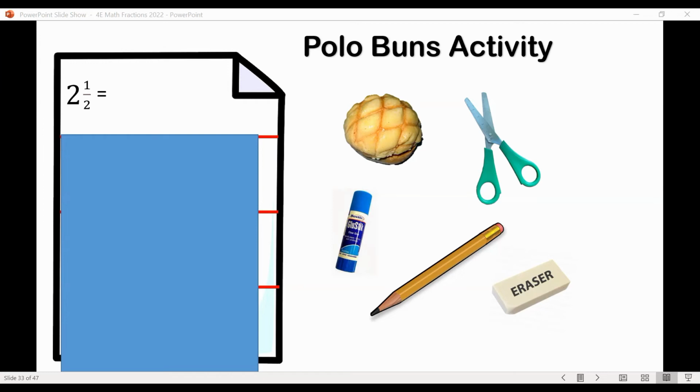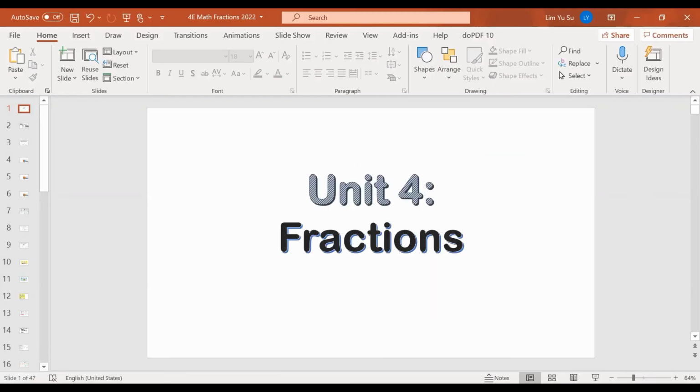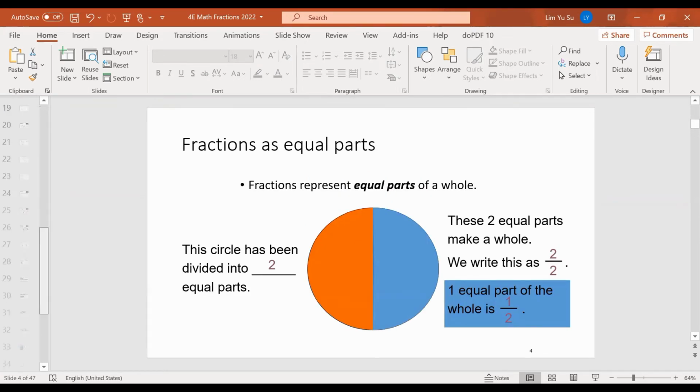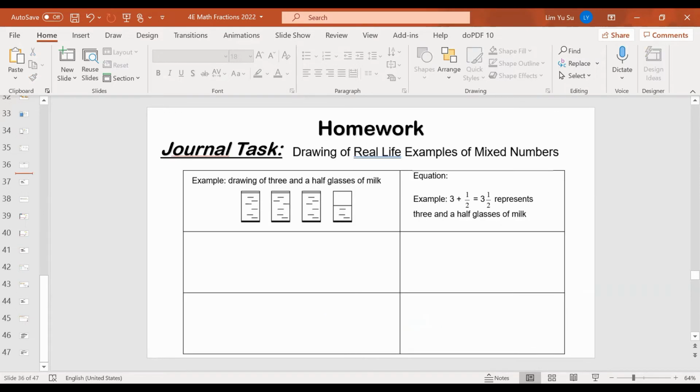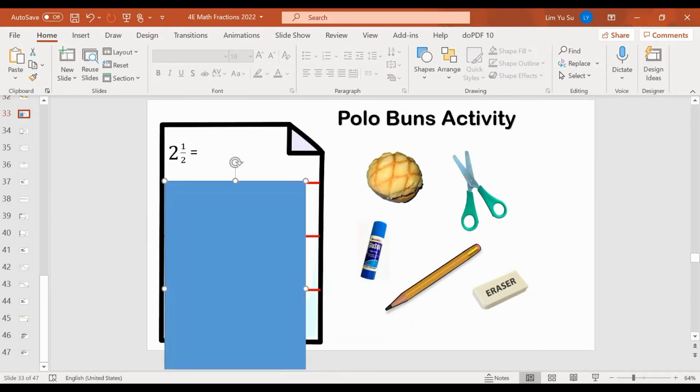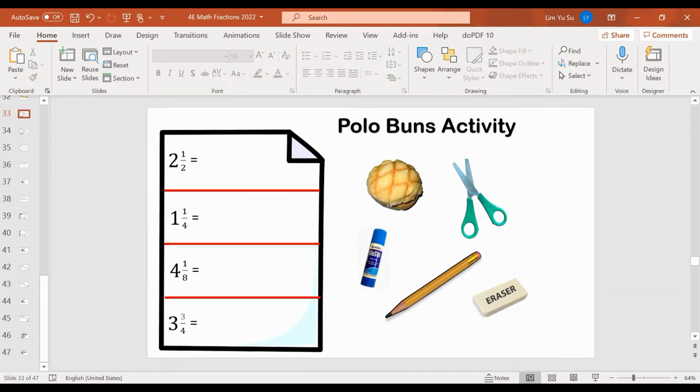You can decide how to work on the 4 questions together. Okay, so I'll show you all 4 questions at the same time. Ready? All 4 questions at the same time.